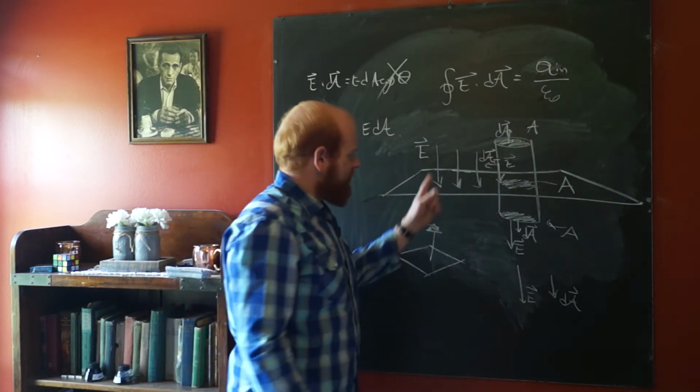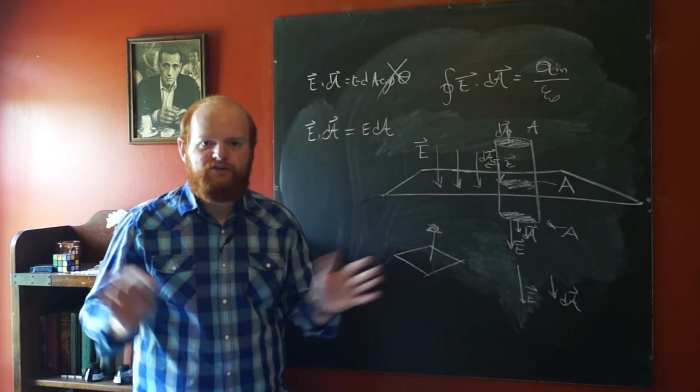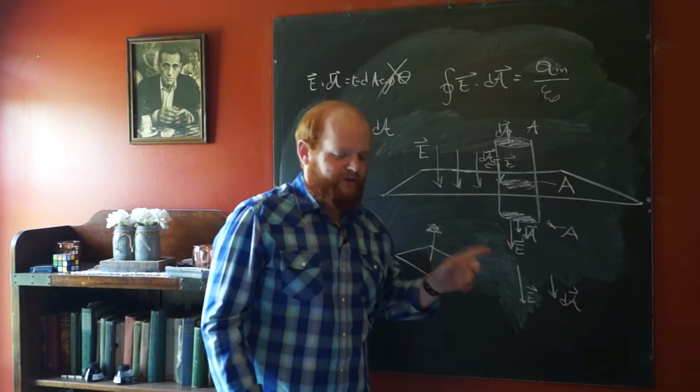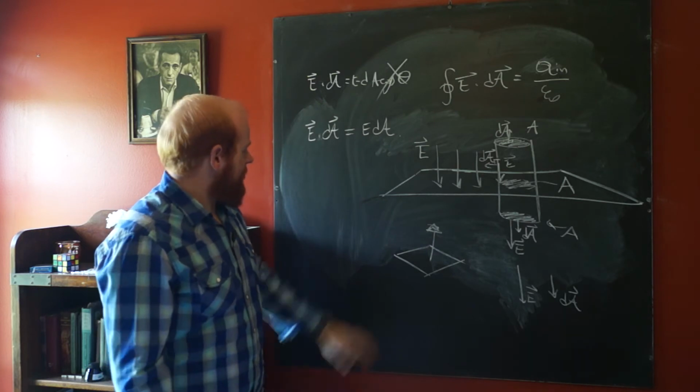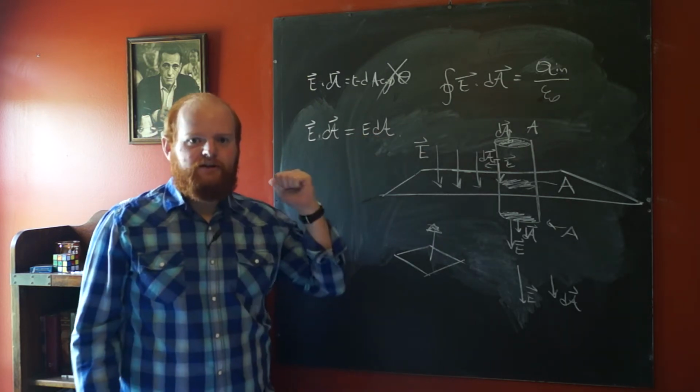And also, really importantly, all these E field vectors are in a line, so there's no angular dependence. The electric field has no angular dependence at all. So E is now a constant that we can pull outside of the integral.